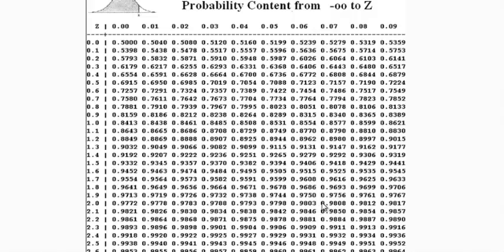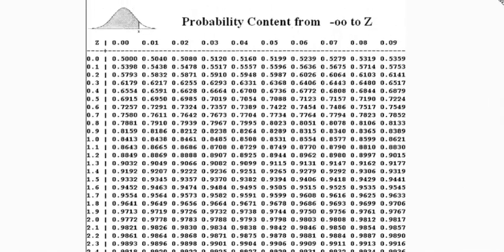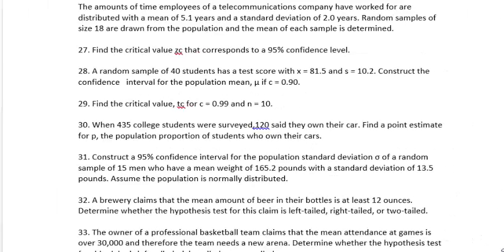So it can be positive 1.96 or negative 1.96. In other words, it has to be up to 1.96 standard deviations above the mean or up to 1.96 standard deviations below the mean. The important thing here, as with question 25, is that you have to remember you're talking about a two-tailed distribution when you're looking at a confidence interval, so you have to adjust for that when you're looking at the z-table, which is based on a one-tailed distribution.